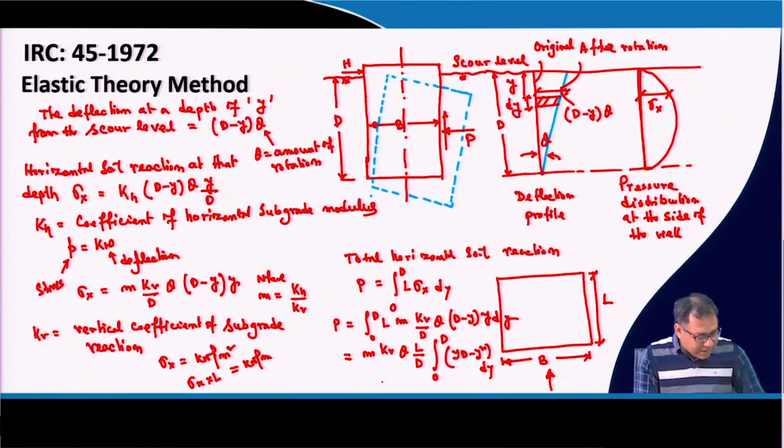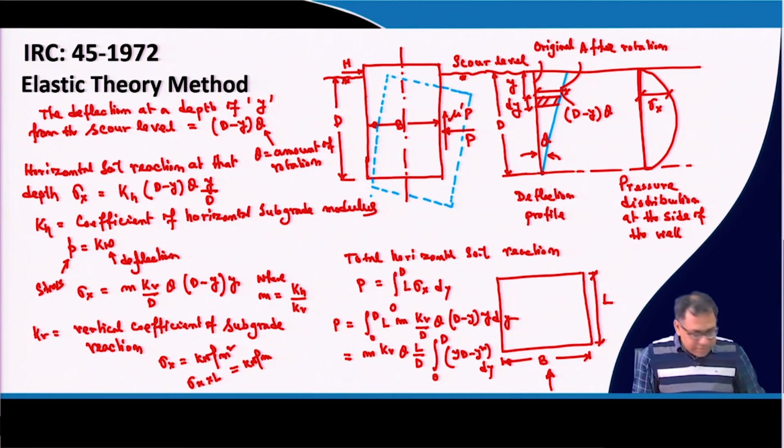So, that we can write as mu dash into P. So, P force is acting and there will be a friction between the soil and the wall of the well. So, that is mu dash into P, where mu dash we can write as the coefficient of friction between the soil and the side wall.